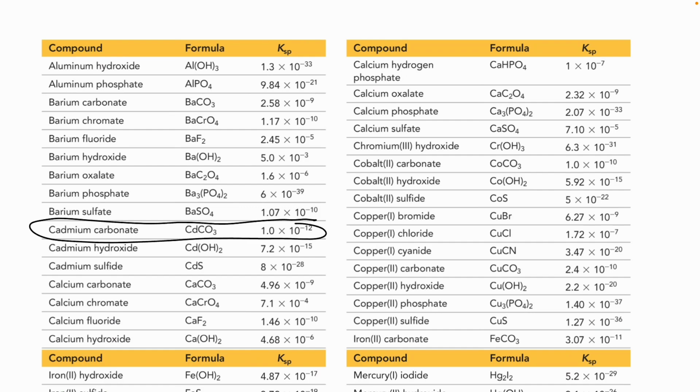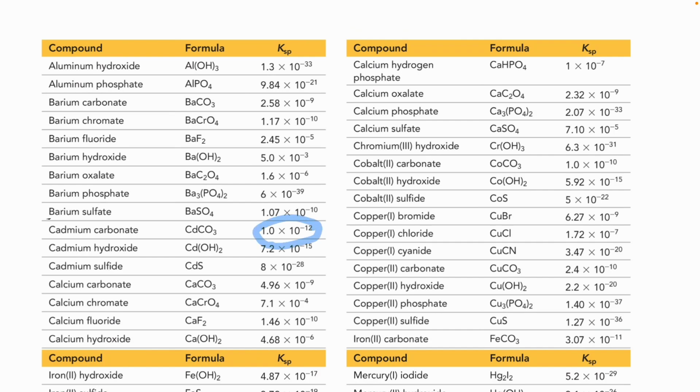If we take this compound and put it into water, it will dissociate, but in a very, very limited way, right? This was a compound that we would have classified as quote-unquote insoluble. But what we learned about was all these insoluble compounds still to some extent will dissociate at least a little bit, right? In order to figure out how much that is, we would use this KSP value.